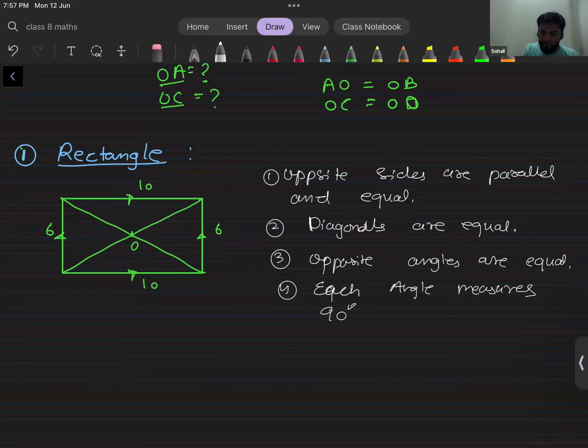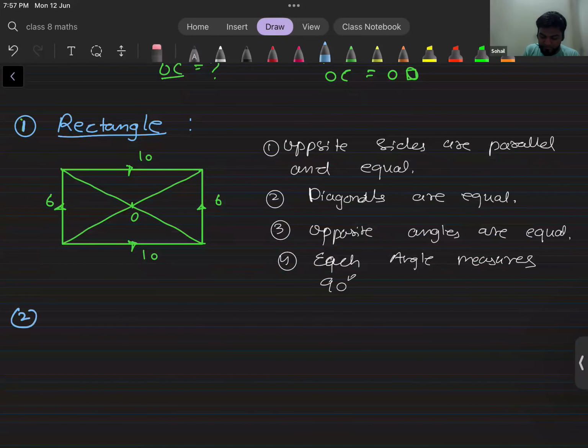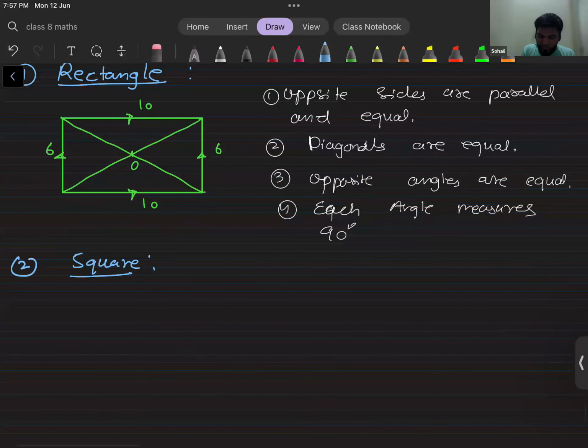Now the next parallelogram we have is a square. A square also fulfills all the properties of a rectangle. The same property applies for a square also. The diagonals are going to be the same, and they are going to bisect each other.